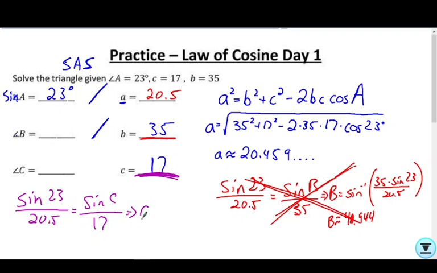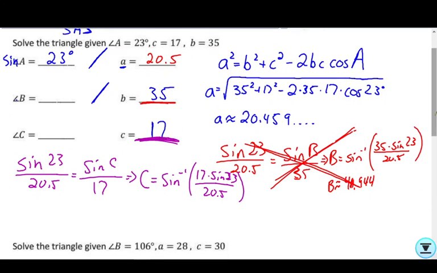Angle C is equal to sine inverse of 17 times the sine of 23 over 20.5. So angle C is approximately 18.944 degrees.